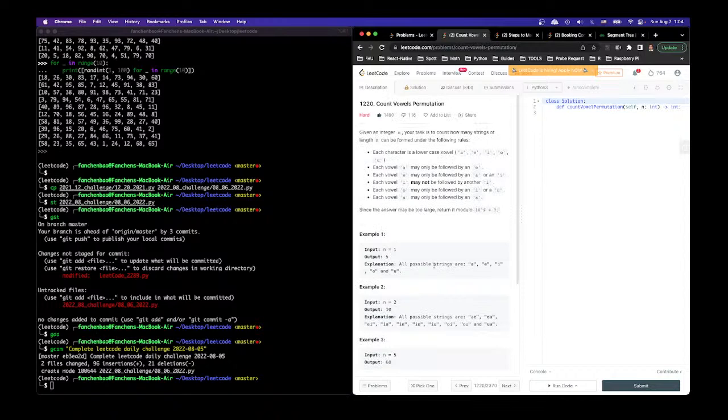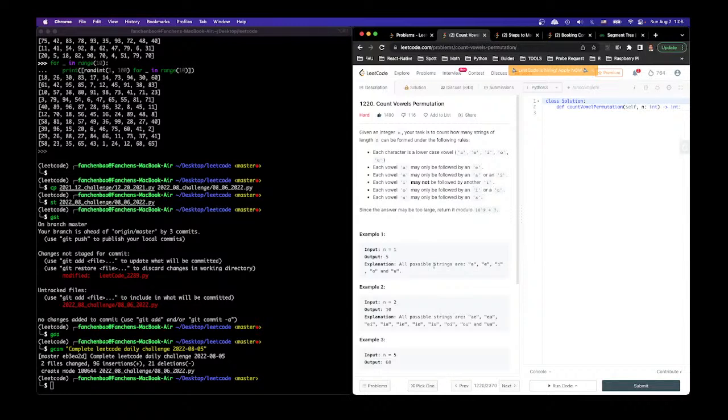Okay. Each A may only be followed by an E. So A is either at the end, or A must be followed by an E. E may only be followed by an A or an I, so E, or EA, or EI.